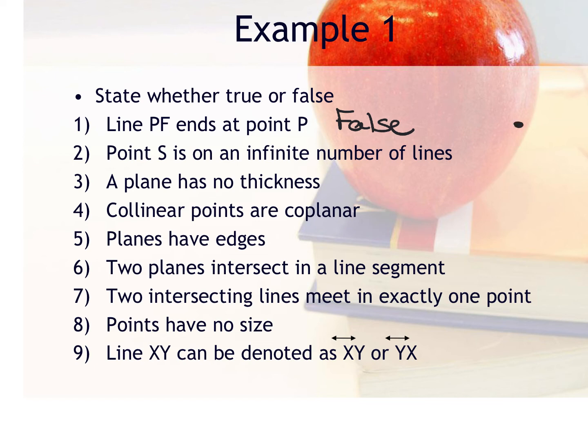If I draw point S here, and I start drawing lines through it, I could draw it this way, and you may think I've got a limited number of lines I could draw through this, but actually there are an infinite number. Because not only am I doing it flat here, I could go sideways and up and down. So this one is actually true. There are an infinite number of lines I could go through at all different angles and still draw a line there. The next one, a plane has no thickness. True or false? True. This is right from the notes, right from the slide.